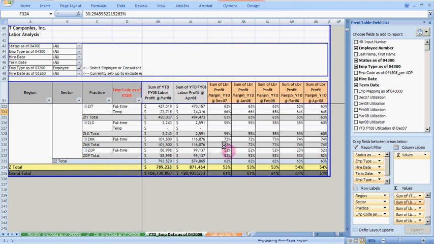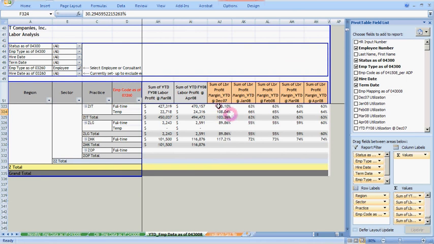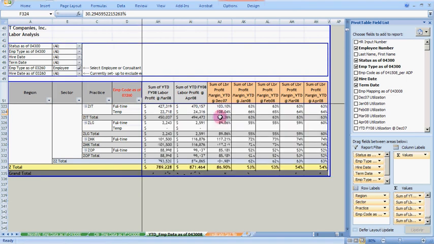So you can get a better idea of each individual labor margin that we're using for each individual employee area or employee themselves, depending on how you're looking at it. So there's your percent of total.